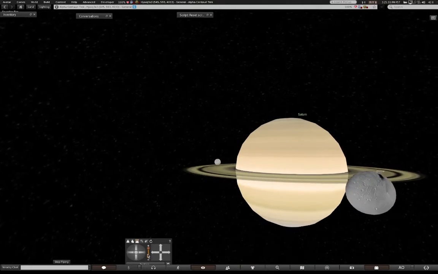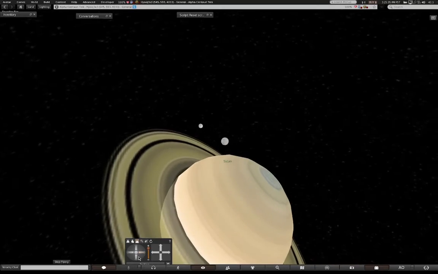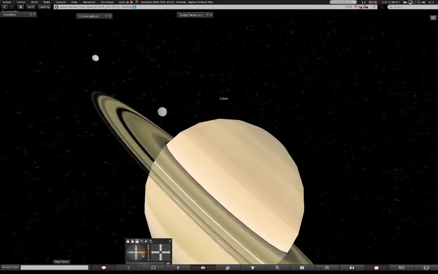All these moons you can find the cylindrical projection texture for.